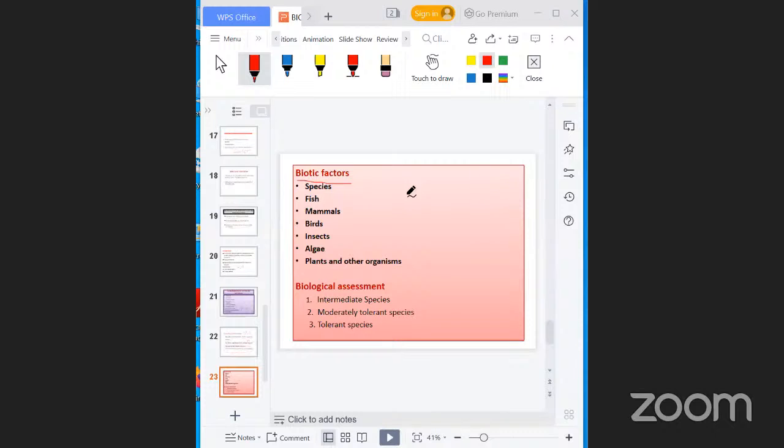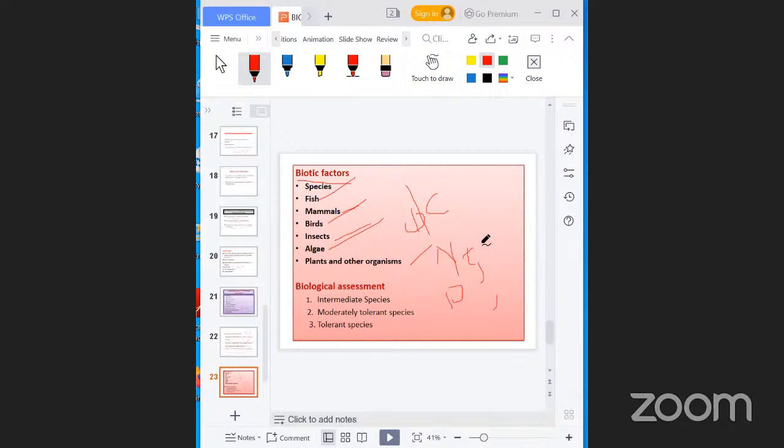So they can be categorized as biotic assessment. Biotic assessment uses the presence, condition and abundance of species of fish, mammals, birds, insects, algae, plants, and other organisms to determine the health of an ecosystem, and it will provide information on the physical and chemical characteristics that are present, for example nutrient enrichment and pollutants, and also flow rate and the sediment levels, right?